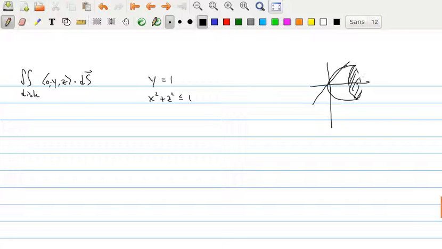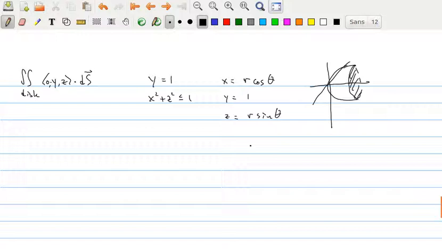So now again we can parameterize this disk, x, y, and z. Well, the easy part is y. That's got to be 1. So the x and z are tracing out all the values in this disk of radius 1. So that means we can parameterize this in terms of polar. X is r cosine theta, z is r sine theta.